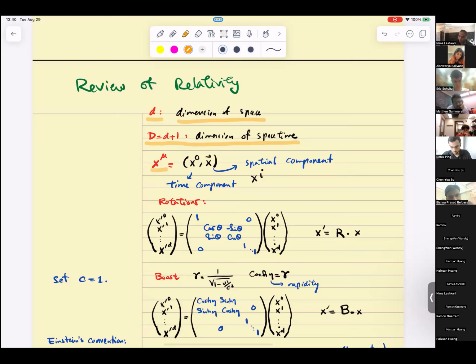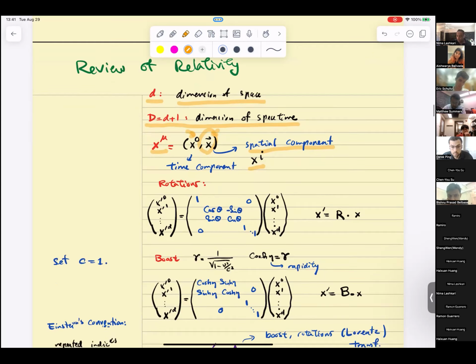We're going to use this relativistic notation where x mu, the mu index, runs over 0 to d, and x0 is the time component of this vector. The vector x is the spatial component of it, and sometimes we write it as x^i. Every time we write x^i, i runs over the spatial components. That's just a canonical convention we're going to use.